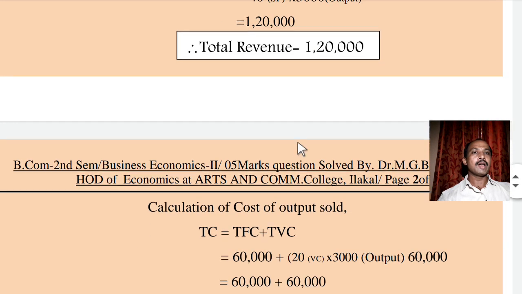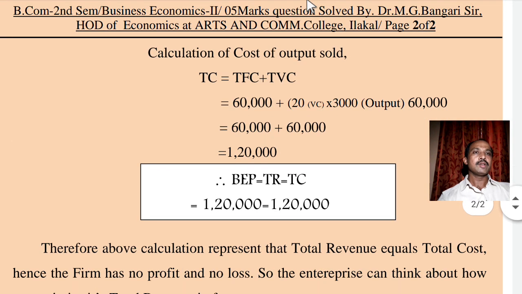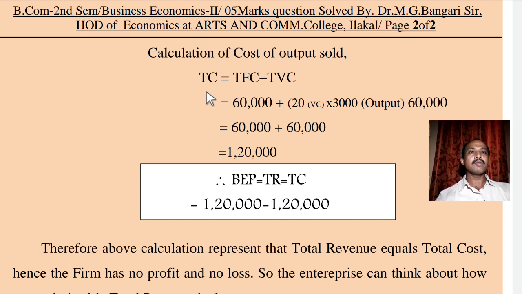Let's move ahead. One more thing to understand is the calculation of the cost of output sold. For this, we apply the following equation: TC equals TFC plus TVC. TC means total cost, TFC means total fixed cost, and TVC means total variable cost. TFC is already given, that is 60,000.